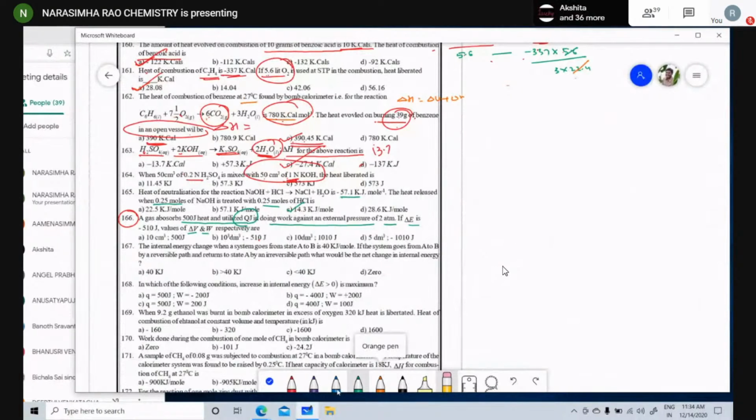Okay. Now, let's see the number of gram equivalents of sulfuric acid.